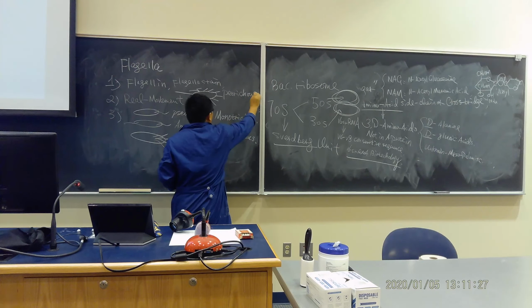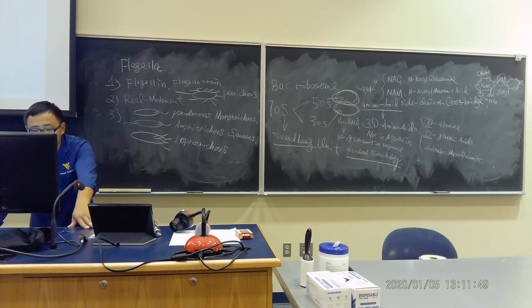If the bacteria are peritrichous, they have very, very strong motility. Look at this here, Proteus vulgaris. It's a peritrichous flagellum, everywhere, covering the surface.